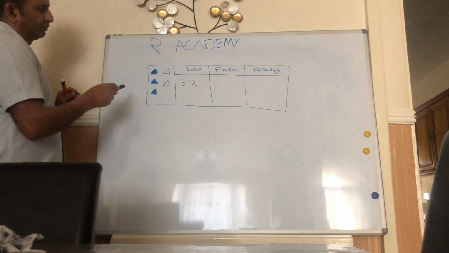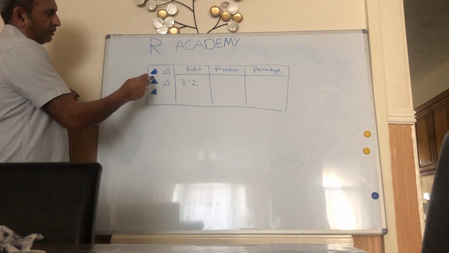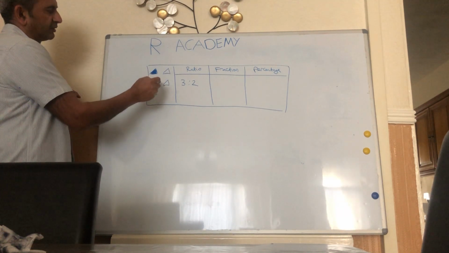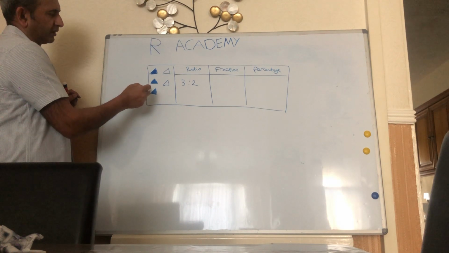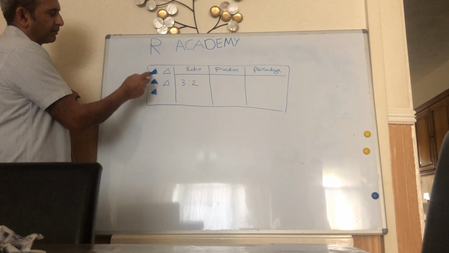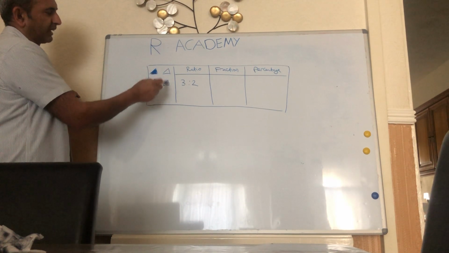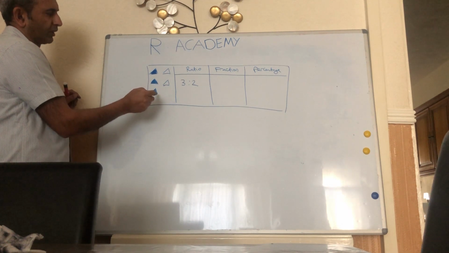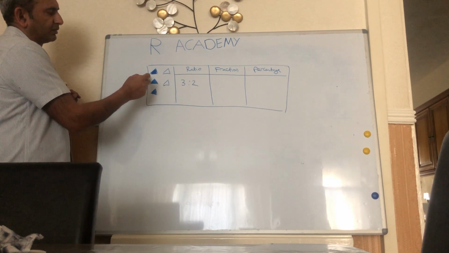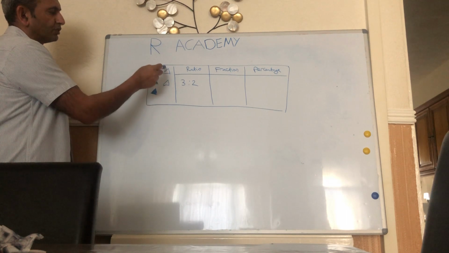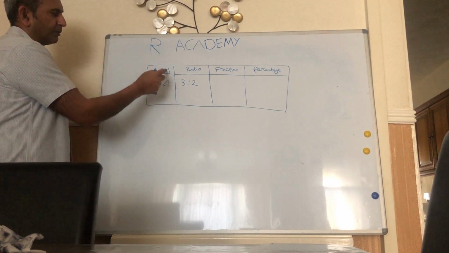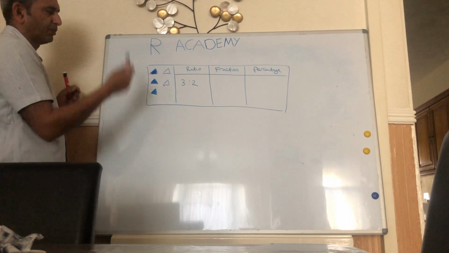If the 3 of them were on this side instead of this side, and these 2 were then blue and these 3 were just blank, then it would be 2 blues to every 3, whatever color it is.